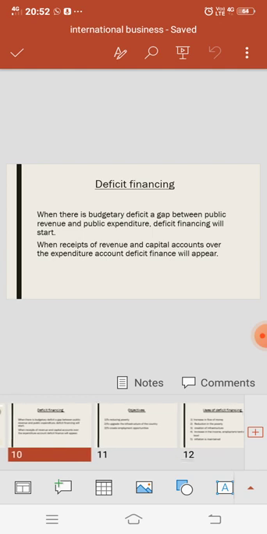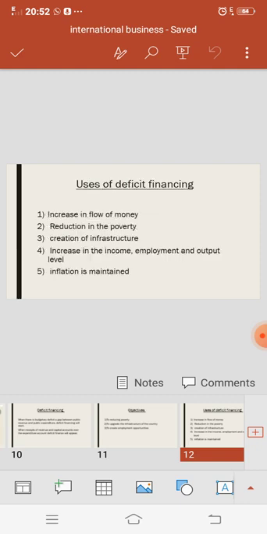Next, to create employment opportunities in the economy. Next, to mobilize resources for planned economic development. Governments use the deficit financing system, and it will help to achieve economic development.